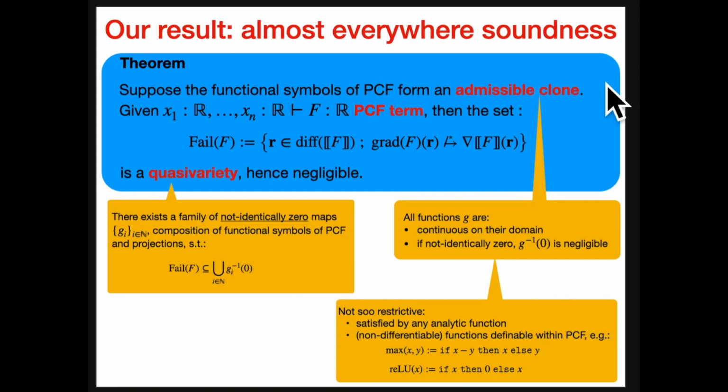And also, even if admissibility speaks about continuity, I have already shown you how the other primitives of PCF, like conditionals, allow to define functions that are not differentiable or not continuous on the whole domain, as for example, max or the rectified linear unit. Okay, so the language is actually expressive enough to define the usual deep learning architectures used today, and even more.